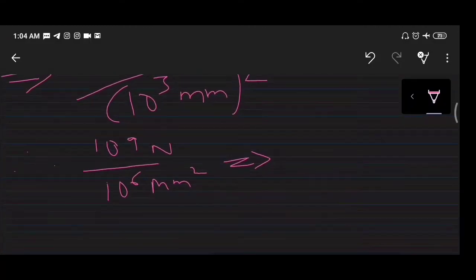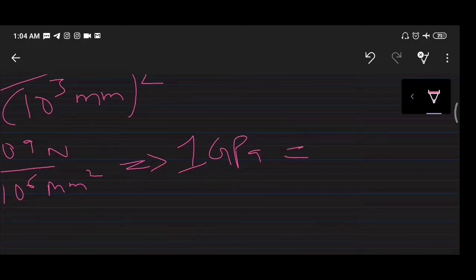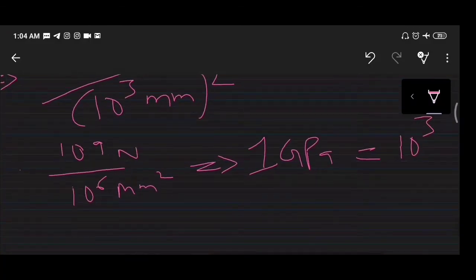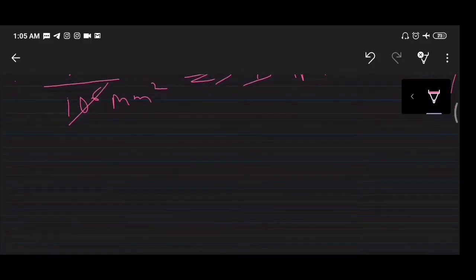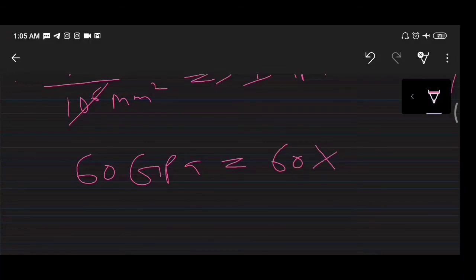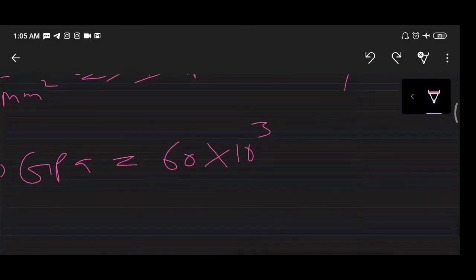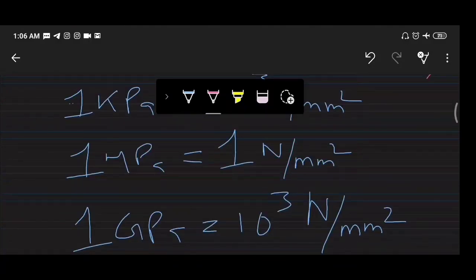So which gives rise to 1 gigapascal equals, the 6 and 9 get cancelled, remaining 10 to the power of 3 Newton per mm square. Right? So if in a question they give 60 gigapascal, that equals 60 into 10 to the power of 3 Newton per mm square. Hope you understand the units.